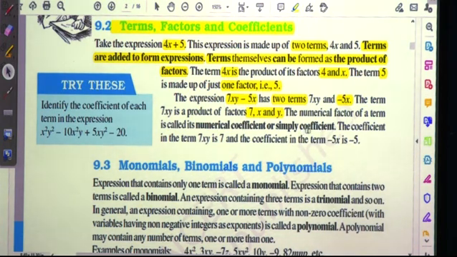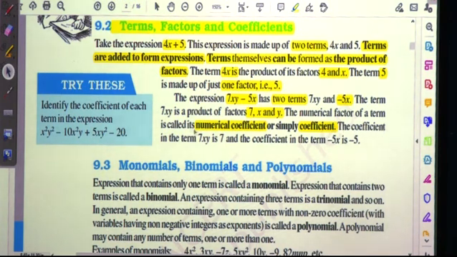The numerical factor of a term is called the numerical coefficient or simply coefficient. The numerical factor of a term means the number that is present in a term, that is simply known as the coefficient or numerical coefficient.